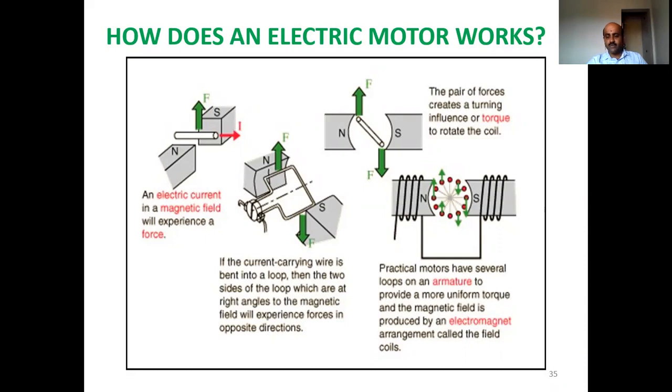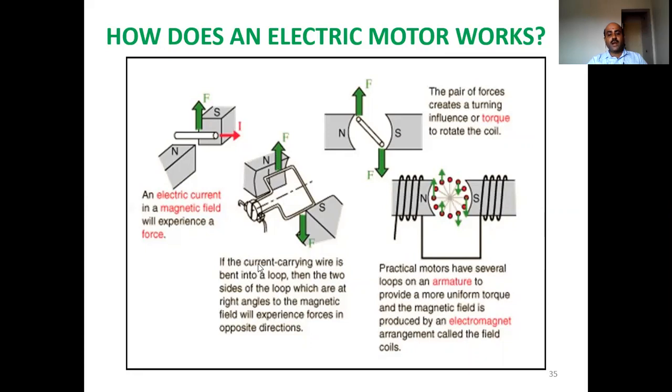You might have studied this with different laws also, some right hand thumb rule or left hand thumb rule, whatever it might be, in your physics or electrical science. This is one important thing you are supposed to remember: an electric current in a magnetic field will experience a force.